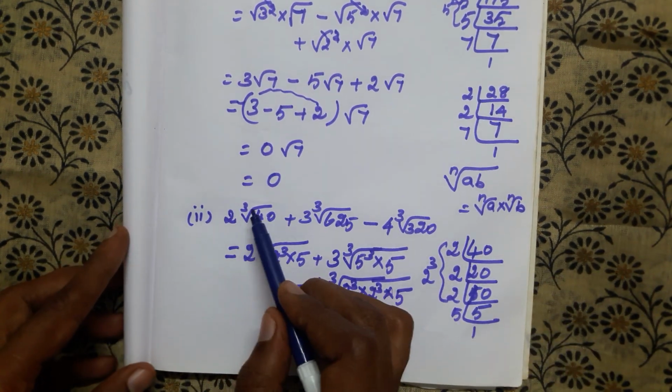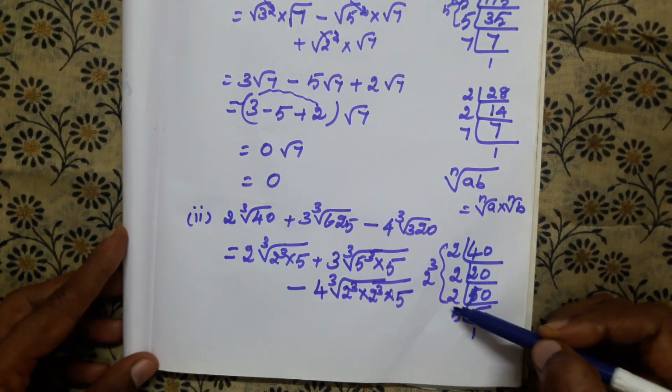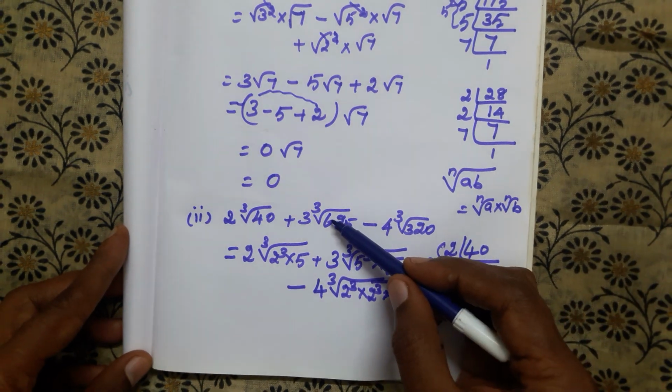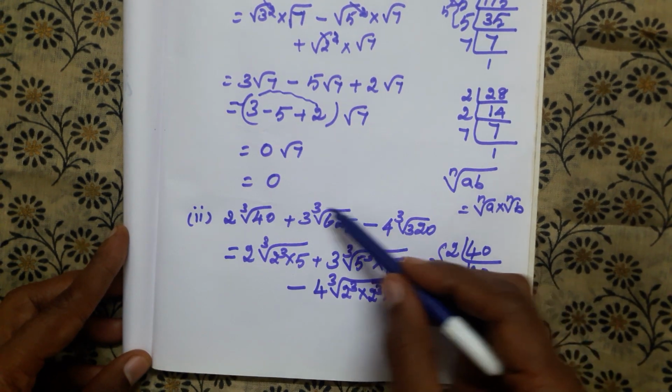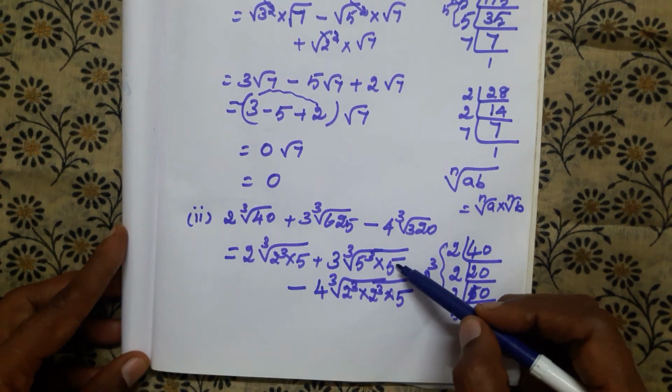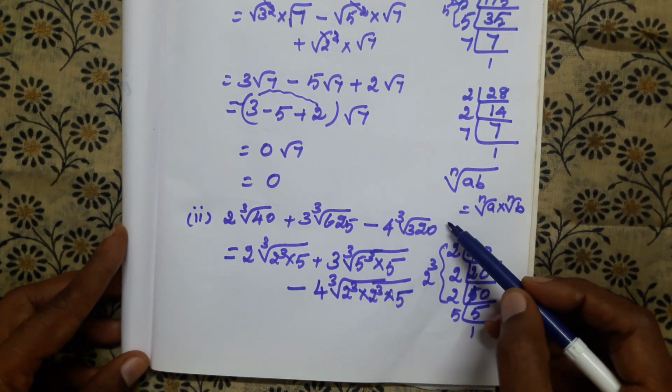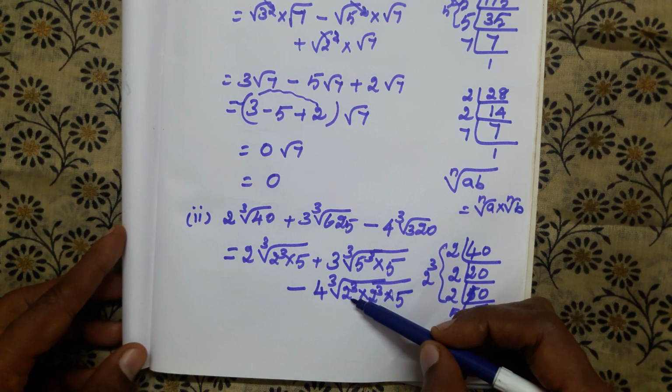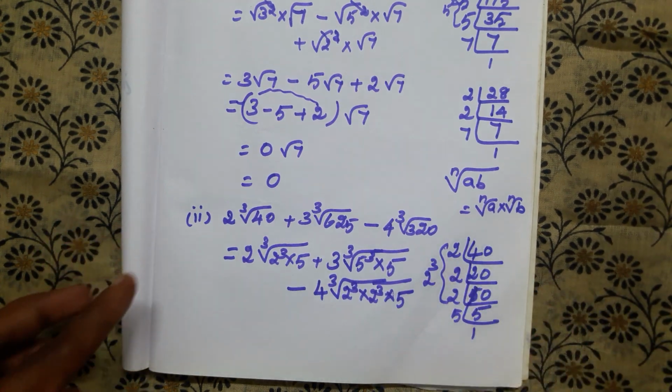When we are factorizing 40, it is 2 cube into 5. When we are factorizing 625, it is 5 cube into 5. When we are factorizing 320, it is 2 cube into 2 cube into 5.